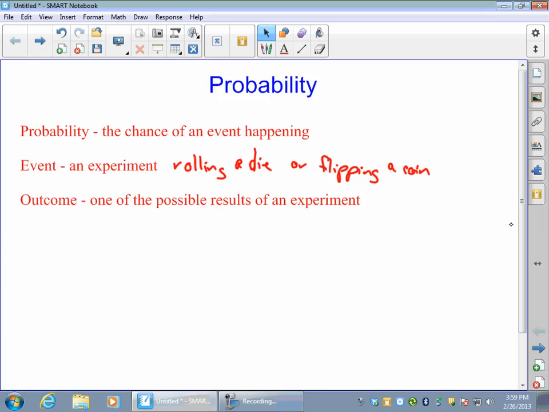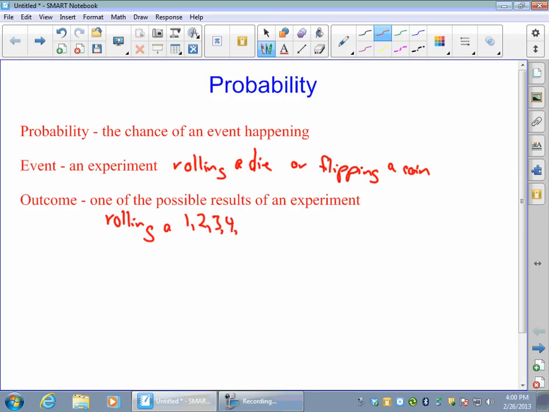If I'm flipping a coin, the possible outcomes are heads or tails. Those are my possible outcomes. And that's it. And so what probability does is it looks at the likelihood of those things happening.